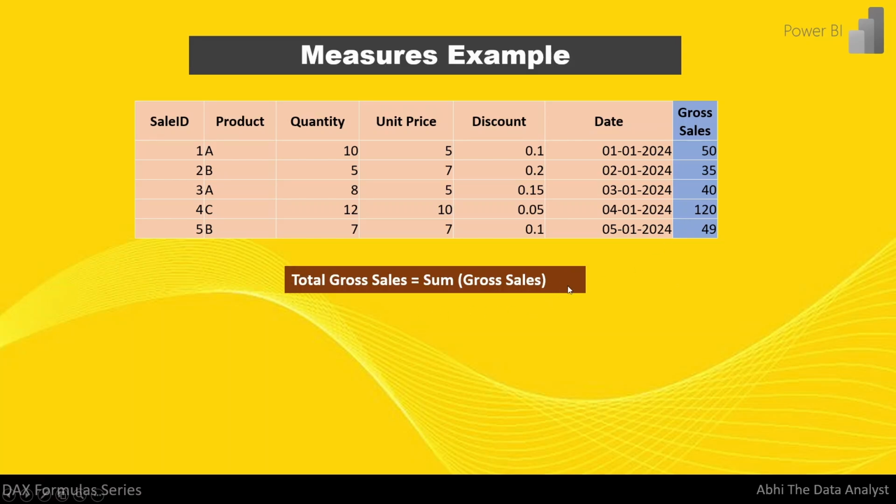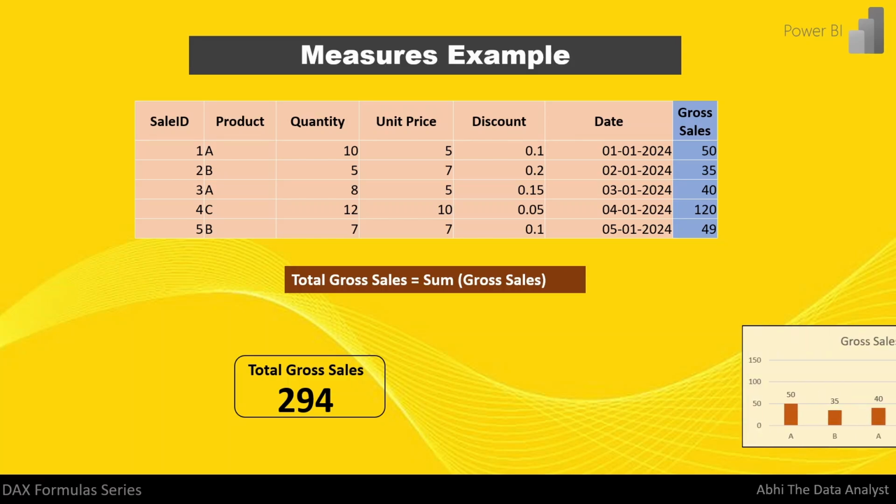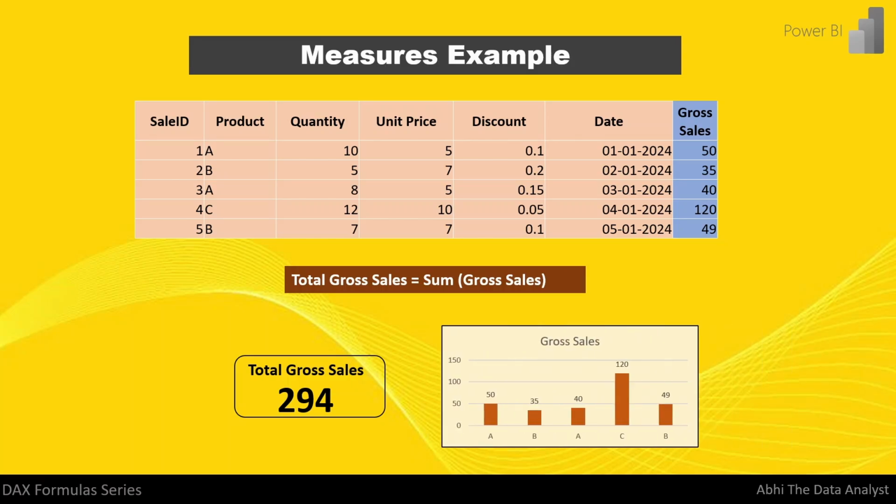This formula itself is stored in the memory. Whenever you use this formula, it will calculate the action which is needed. So if you want the total gross sales, you will use this formula in the filter so that you will get the total gross sales. Along with that, you want to know the total gross sales of each product. Again, you use the same formula in the filter with the product, and you will get this particular result.